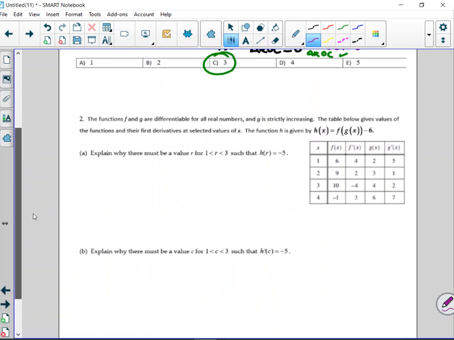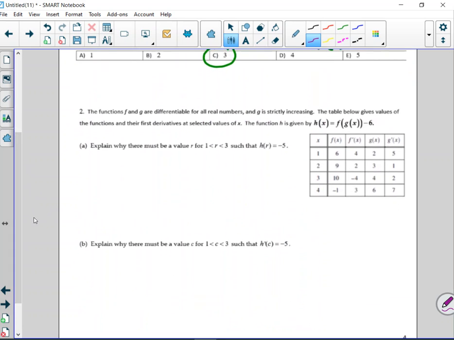All right, I want you to do problem 2. We may have done that problem, I don't know, it may have been the same one. Problem 2 has 2 parts. It's got a big old table. We love tables. It's got h of x defined as f of g of x minus 6. Part A, you're going to prove to me that h of r is going to equal -5, somewhere between 1 and 3.